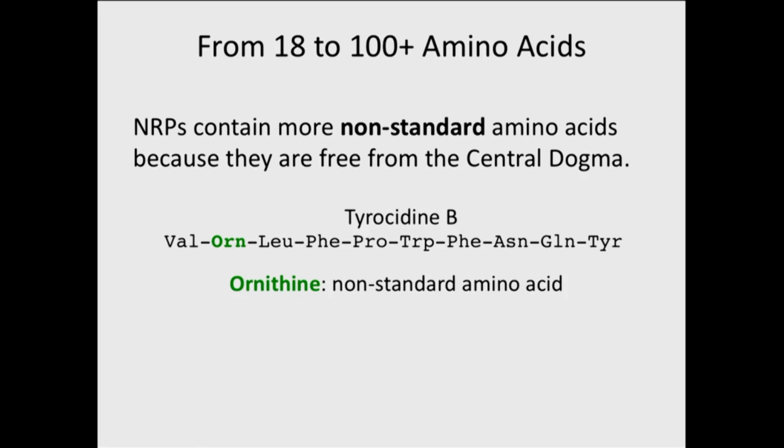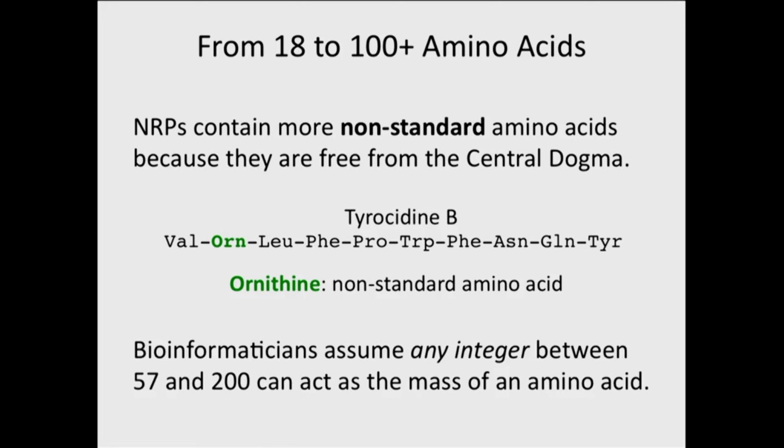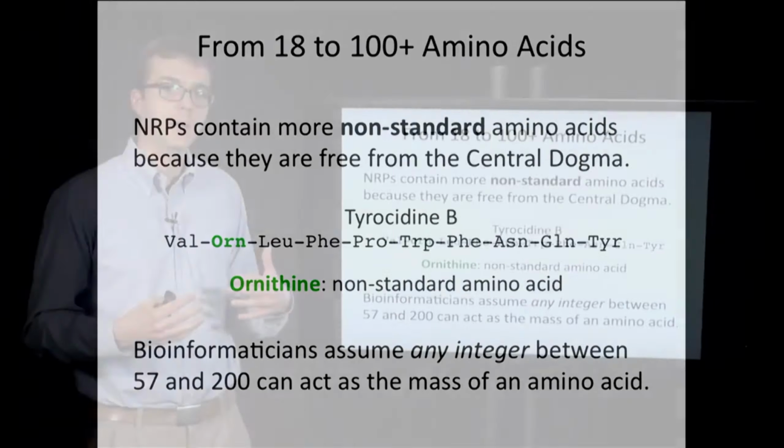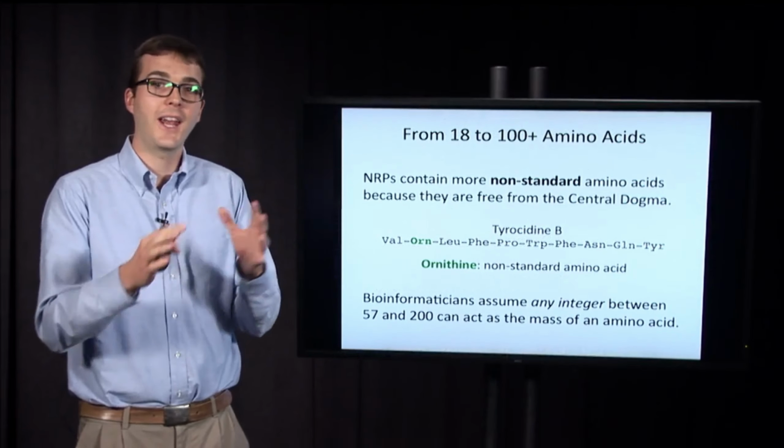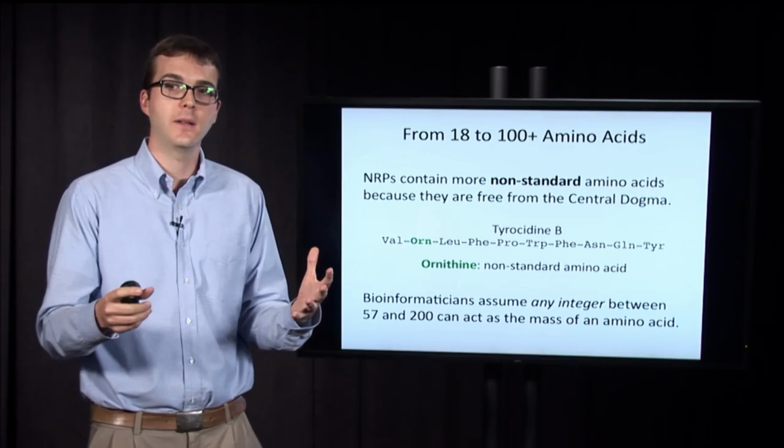So for example, here is a relative of tyrosine B1 called tyrosine B. And it's very similar to tyrosine B1, except you'll notice that in this position it has an amino acid called ornithine. And this is a non-standard one. And so to deal with these non-standard amino acids, because there are so many of them, what bioinformaticians are assuming sometimes, and what we'll assume here, is that any integer between 57 and 200 can act as the mass of an amino acid.